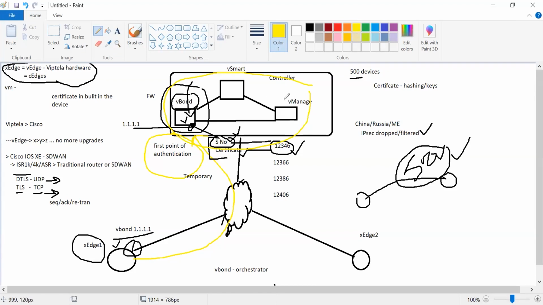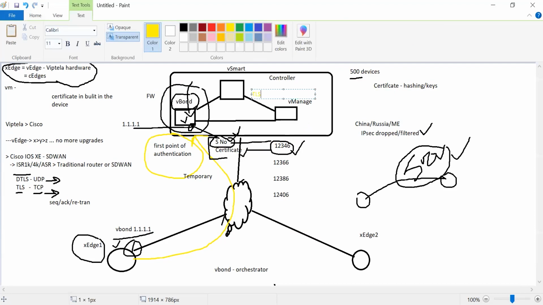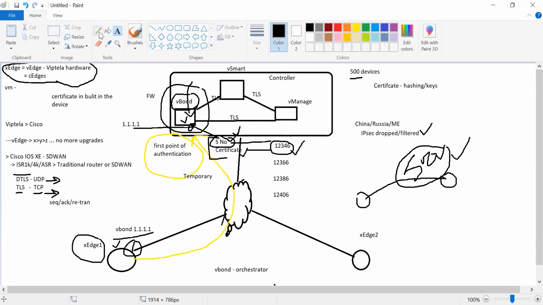Once these are set up, there should be DTLS or TLS tunnels established between them as well, as part of the controller setup. They would be in sync with each other. They all must have certificates exchanged and authenticated. Only then would these TLS tunnels, which are TCP-based tunnels, be established between them.